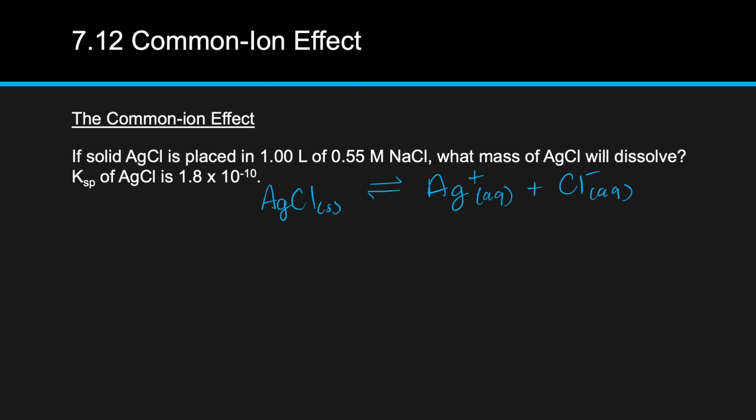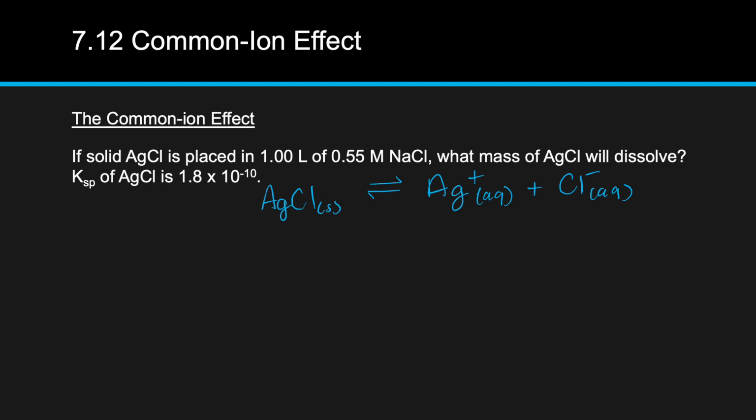Well, if we can figure out how much Ag+ is in solution at equilibrium, then we can relate it by a 1-to-1 mole ratio, and that's going to tell us how much AgCl we lost from the solid, which is how much is dissolved. So by taking that concentration and multiplying it by 1 liter, I have moles of AgCl, and since I'm asked for mass of AgCl, I just multiply that by the molar mass.